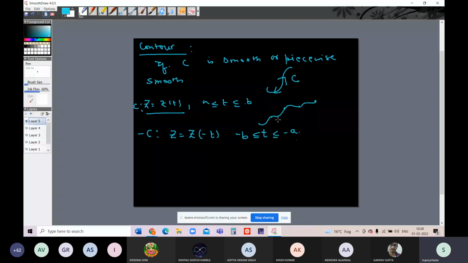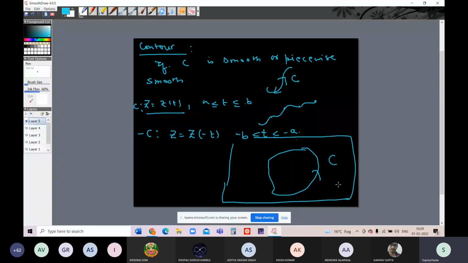Next, suppose that we have a simple closed curve C, and suppose ये हमारा पूरा complex plane है. It is our whole complex plane. So this curve C separates the whole complex plane into two distinct regions.